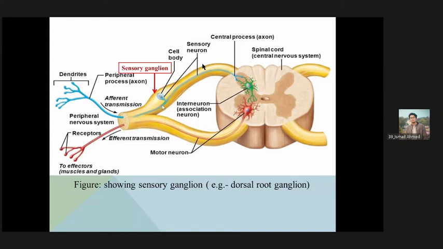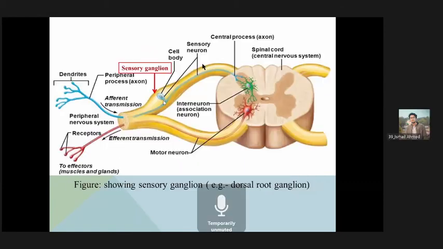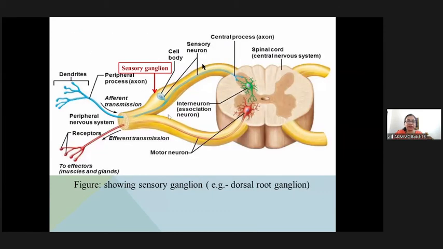Sensory neuron. According to polarity, unipolar or pseudo-unipolar neuron. What is the shape of this cell body? Ovoid shape. And this cell is afferent, conveying impulse toward the central nervous system. Sensory ganglion.